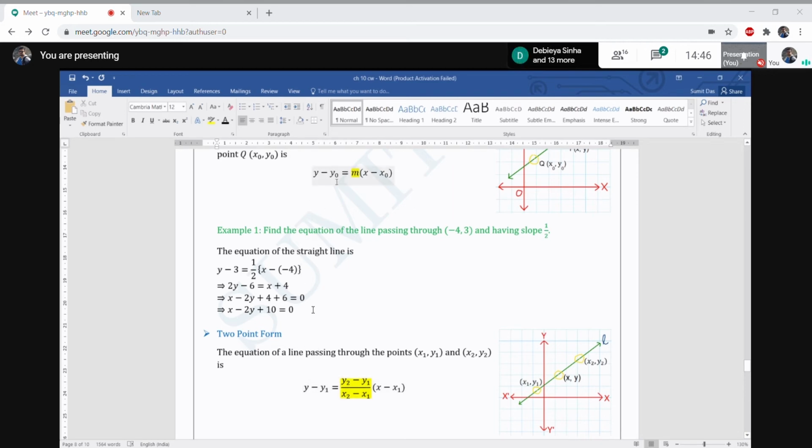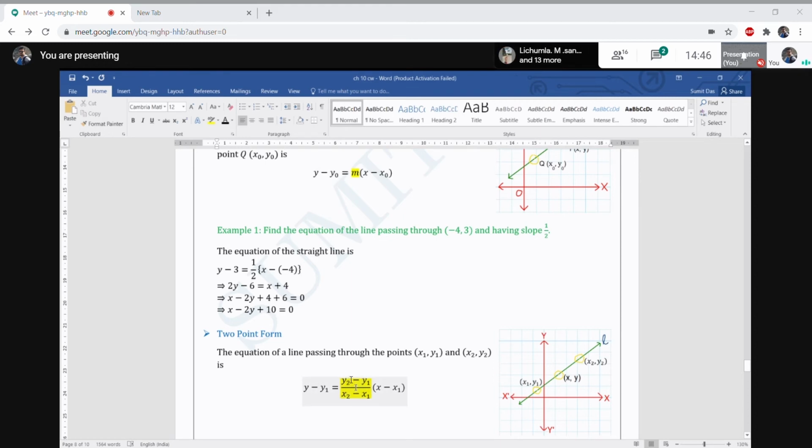Here is y minus y naught, here is y minus y1. Y naught and y1 doesn't matter, it can be 1. So m here is actually the slope. If you see the slope formula, what is the slope formula? y2 minus y1 divided by x2 minus x1. Here it was slope and here it is actually the slope.